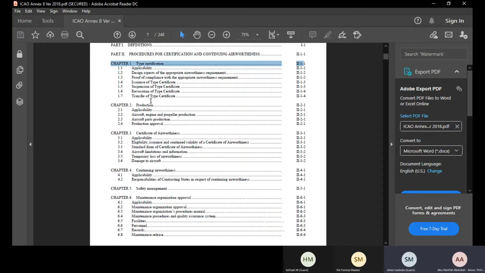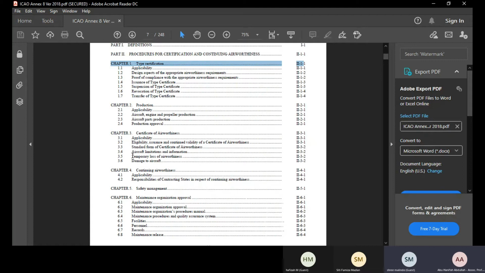And there are two aspects of airworthiness, which is initial airworthiness and continuing airworthiness. So part 2 covers both initial airworthiness certification and also continuing airworthiness. So this is something I think you are quite clear.